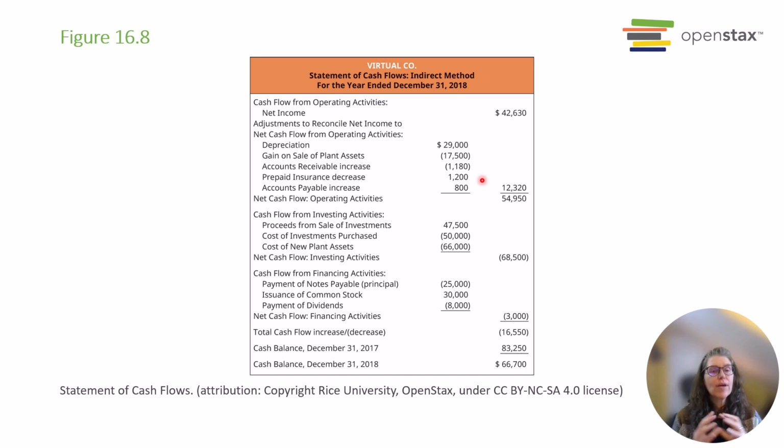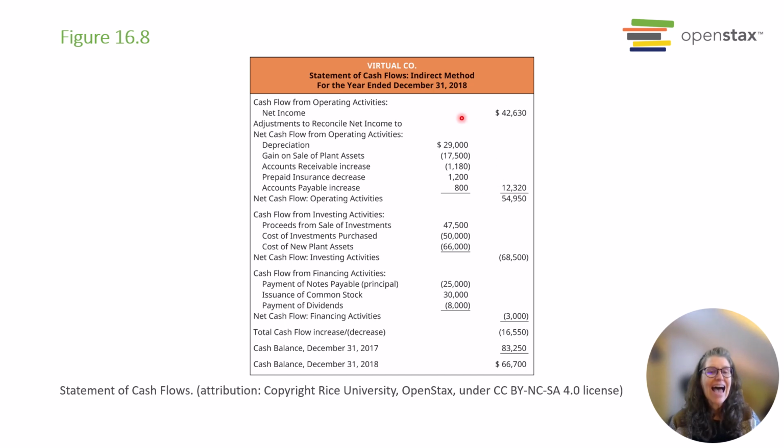Now we're going to finish off the operating section by looking at current liabilities. So look at the current liabilities section of your balance sheet, and this goes on exactly as shown, no flipping necessary. Accounts payable increased by $800, so we show an accounts payable increase of $800.